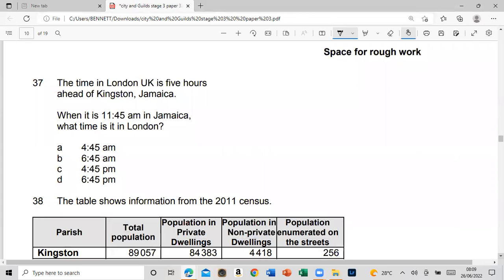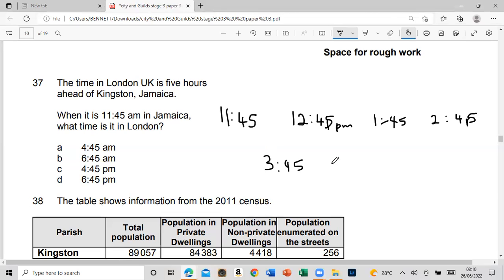The time in London, UK is 5 hours ahead of Kingston, Jamaica. When it is 11:45 AM in Jamaica, what time is it in London? So let us look at it practically. At 12:45 PM, and you continue: 1:45 PM, 2:45, 3:45, and we have 4:45.